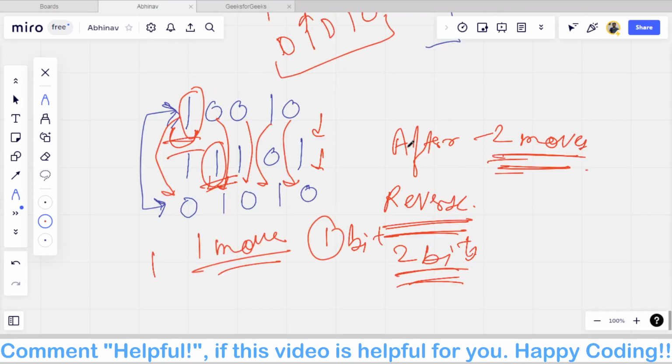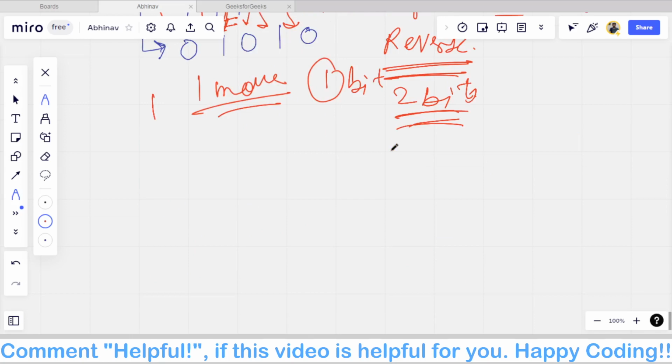Now, after observing this, what do we have to do? When we have an even number of moves, we can divide those moves into pairs: 2, 2, 2, 2, 2.